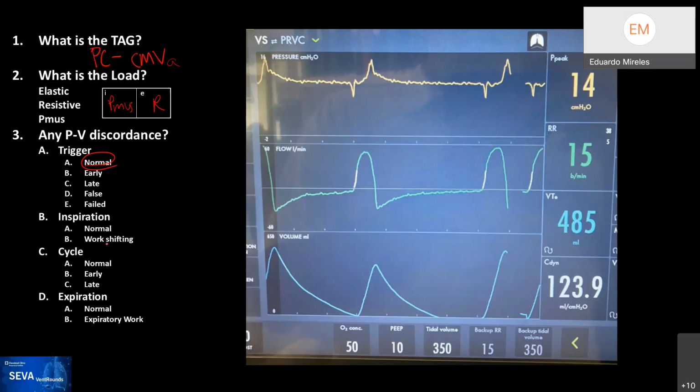I won't call it extreme, but I'm feeling there's work. And the cycle, the cycle is normal. And then normal expiration, and oscillation.